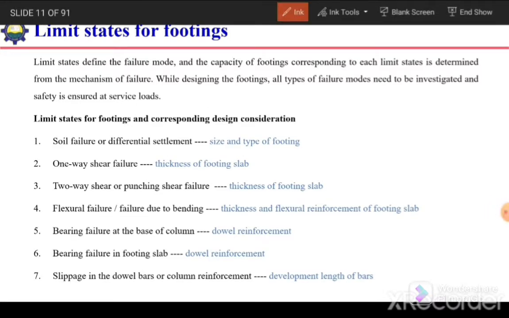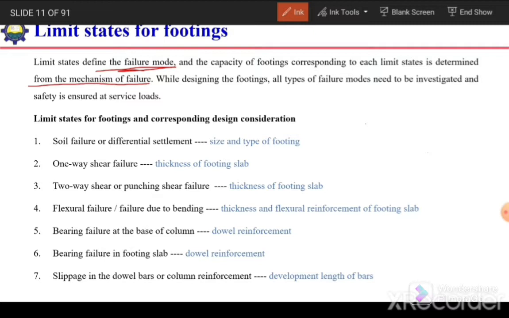So limit states define the failure mode, and the capacity of the footing corresponding to each limit state can be determined from the mechanism of failure.